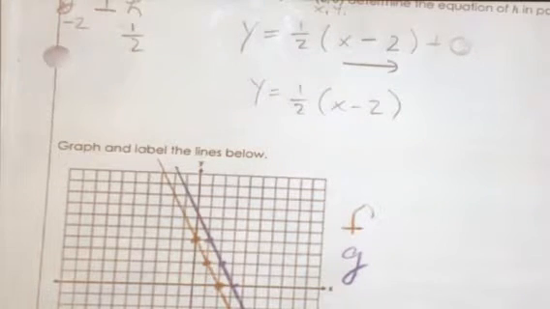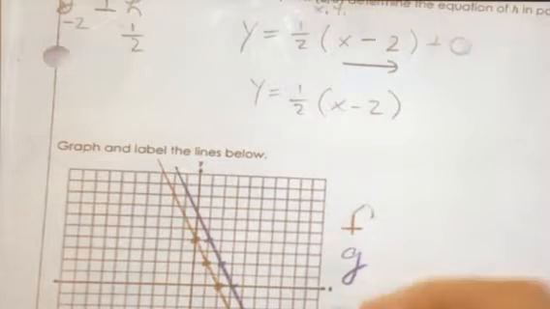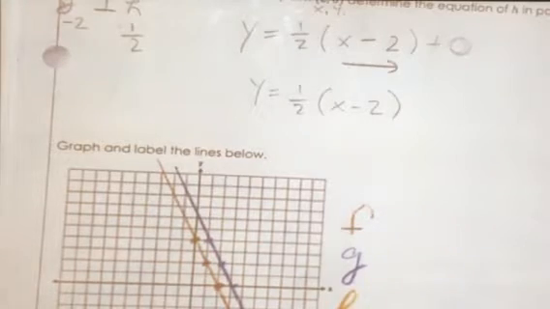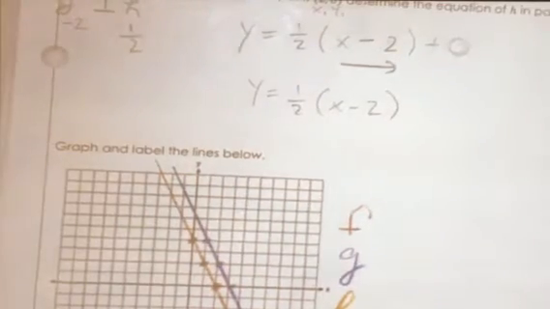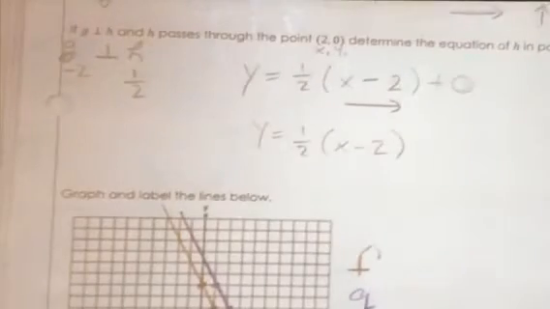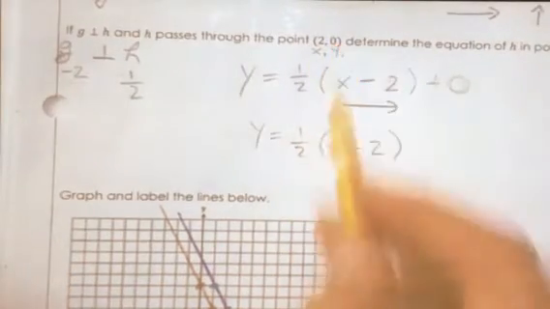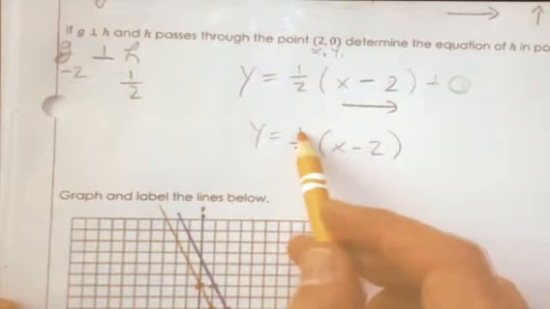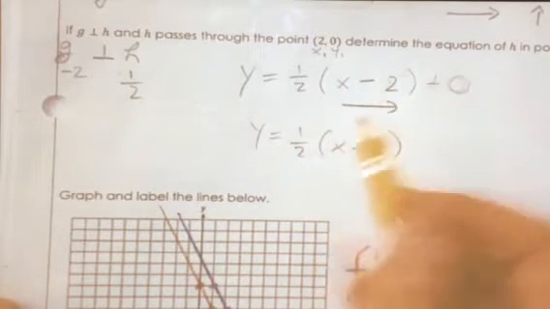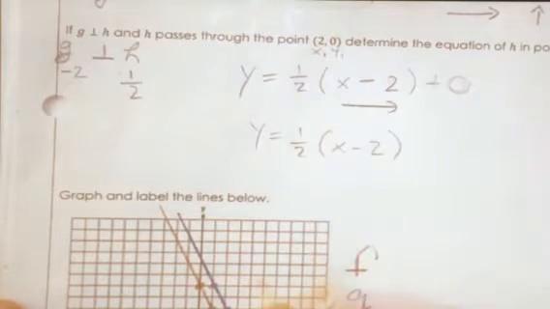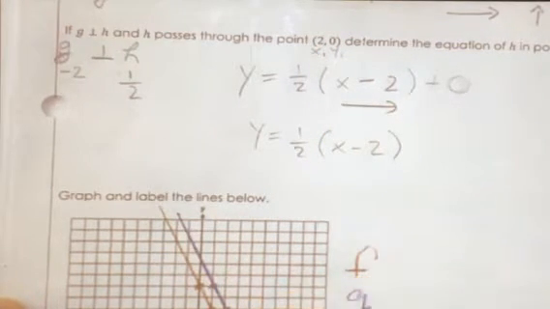Finally, we need to graph H. Do H in this fabulous color called yellow-orange. So H says go through the coordinate 2, 0 with a slope of positive 1/2. So that's up 1, right 2. So we go to 2, 0. And that's here. We actually already hit that point on the F line. Now we're going to hit it again.